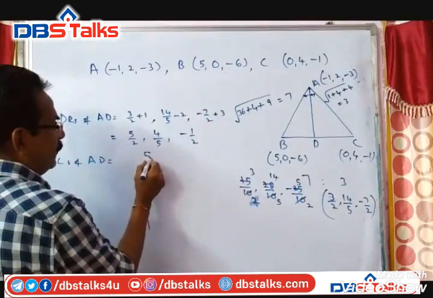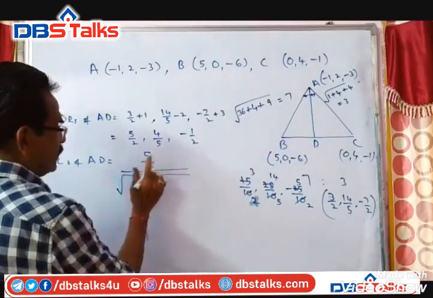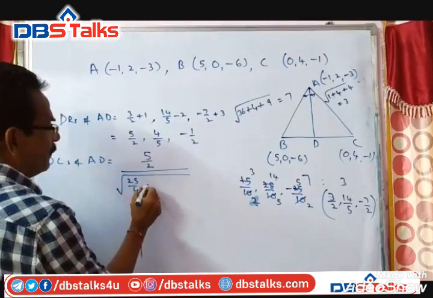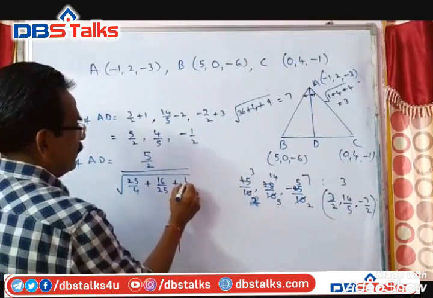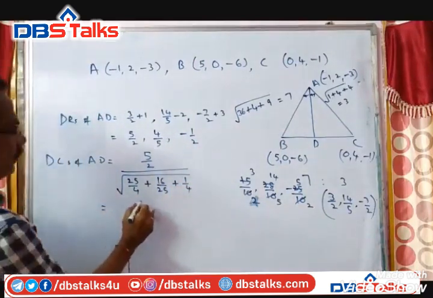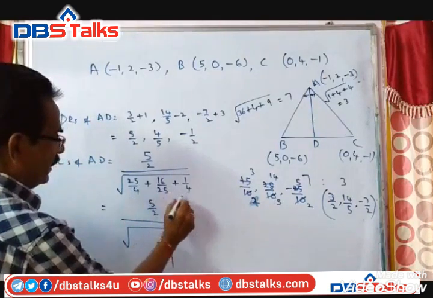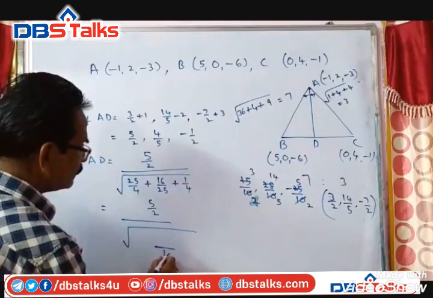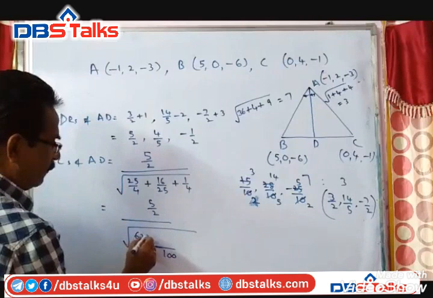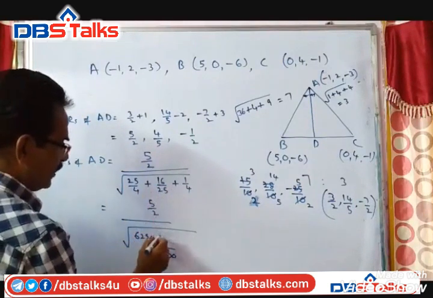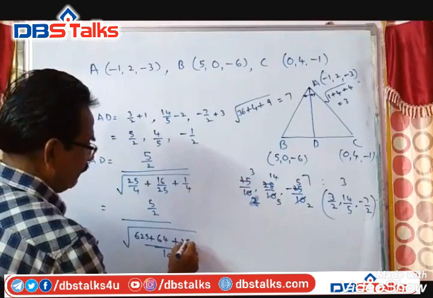So 5 by 2 by root of this square plus this square, that is 25 by 4 plus 16 by 25 plus 1 by 4, that is equal to 5 by 2 by root of LCM 100: 4 25s are 625, plus 25 4 16s are 64, plus 4 25, 25.